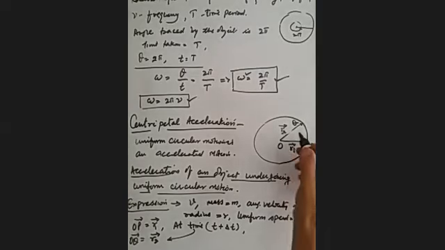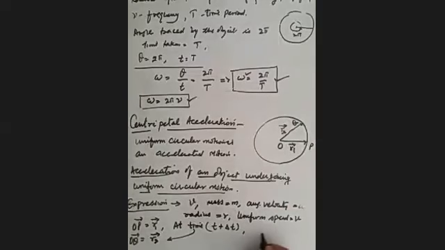Now because it is a circular path, the magnitude of R1 vector is equal to the magnitude of R2 vector, which is equal to the radius R. And what is the angular speed?